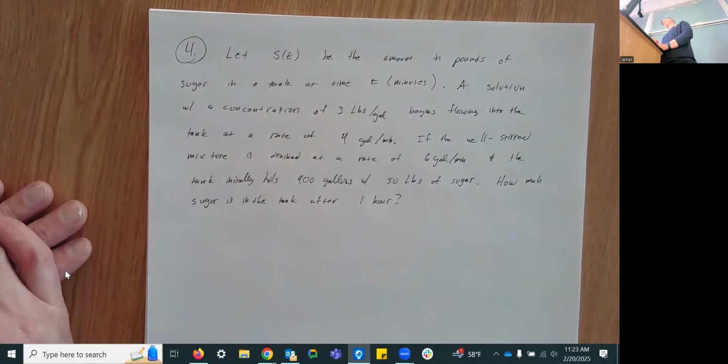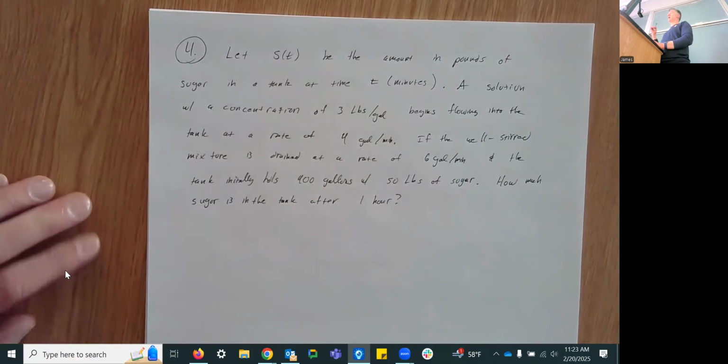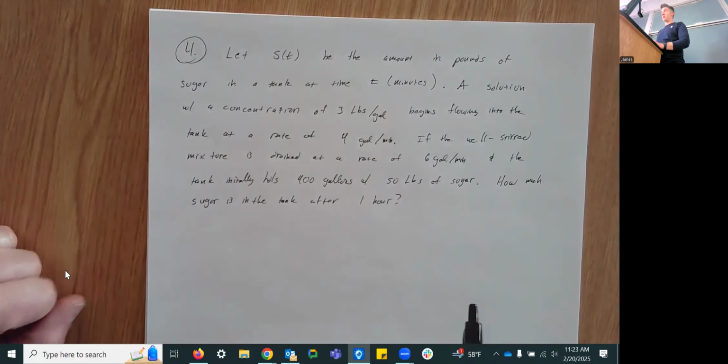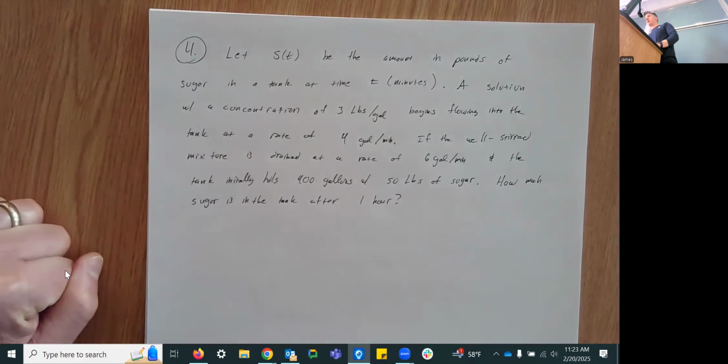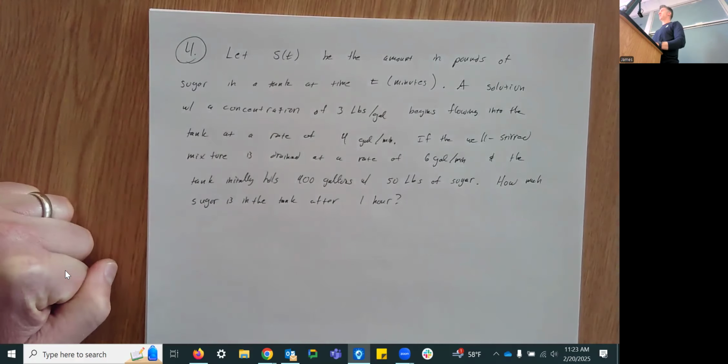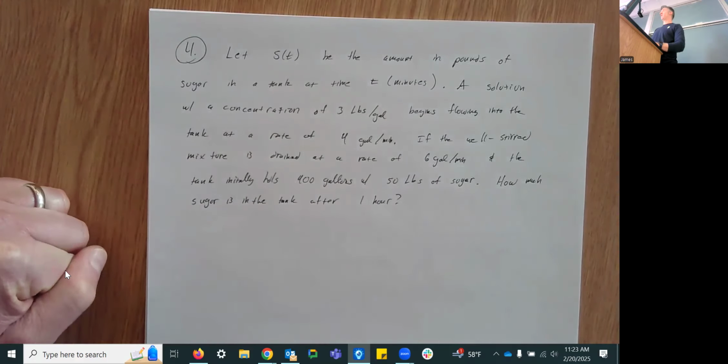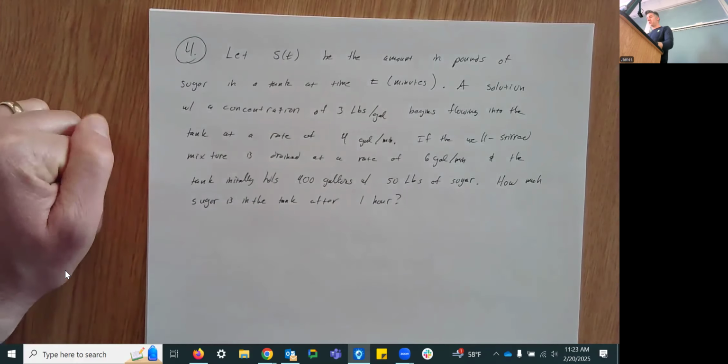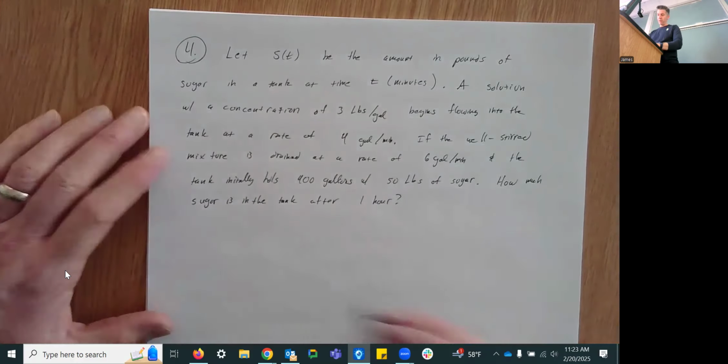Which, without saying it, says set up the differential equation, solve it, and then plug in time equal to 60 minutes to figure out how much sugar is in the tank. Okay, so we have to set up the differential equation.